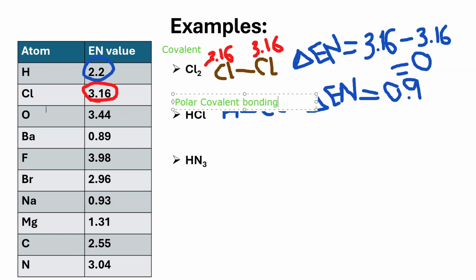The other example is NH3. It's actually an N-H bond.